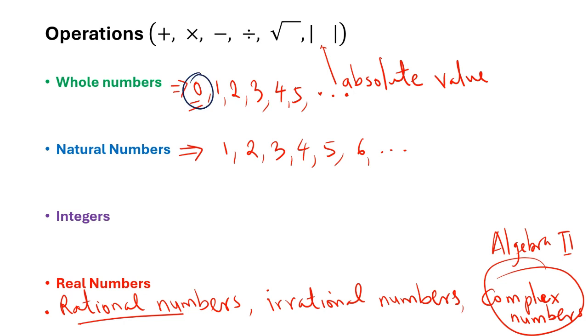All right. Let's go ahead and talk about integers. If you remember your number line from elementary school, all the numbers that are usually on the number line are called the integers.